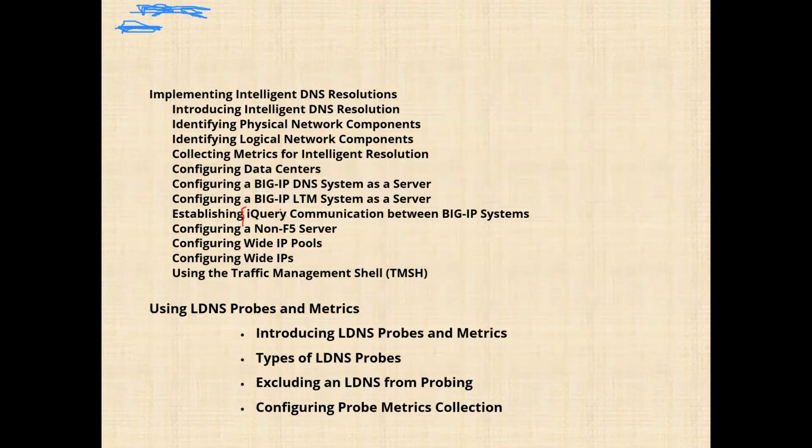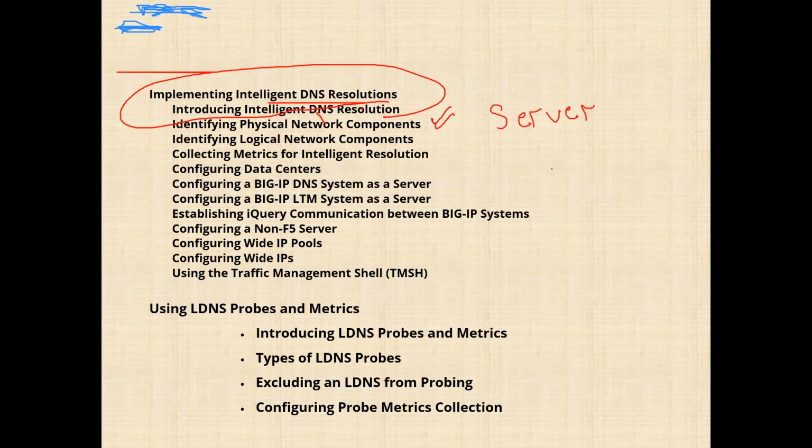After that, in further videos, we will see how to implement intelligent DNS resolution. What are the physical components, like what is a server, what is a data center, what are objects. We will cover all these things.